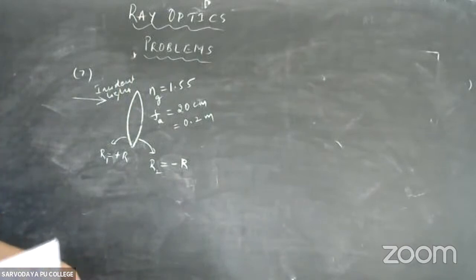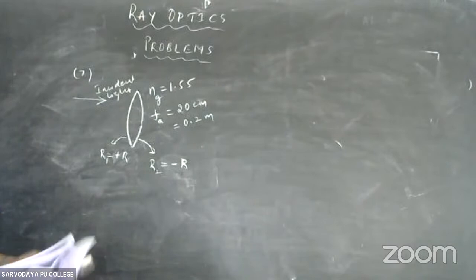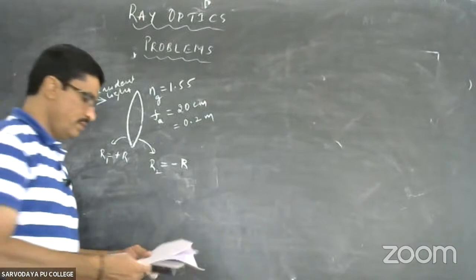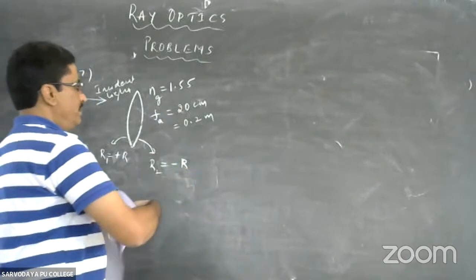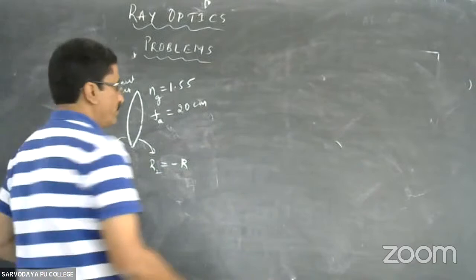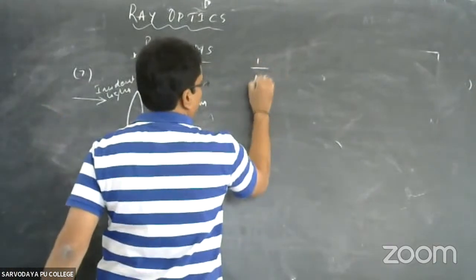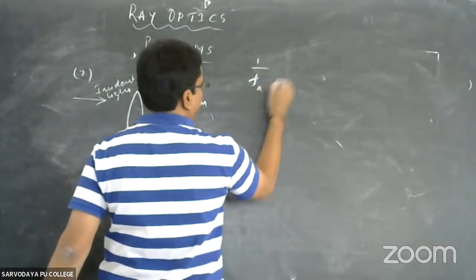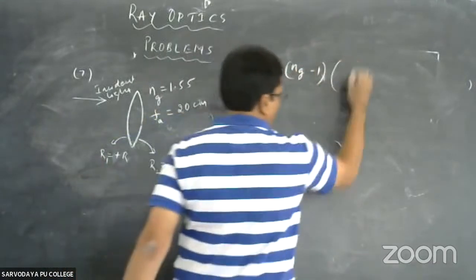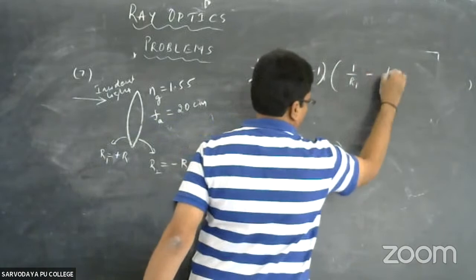Now let us simplify this one. If you are taking it in centimeters, that is fine, no problem. So now 1/fa is equal to (ng minus 1) into (1 over r minus 1 over r2).